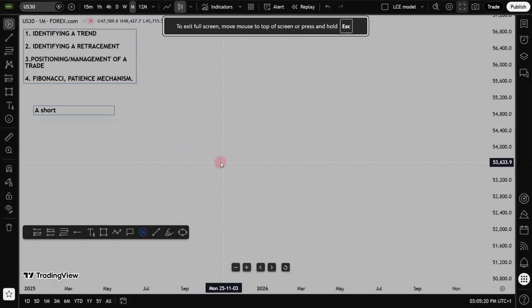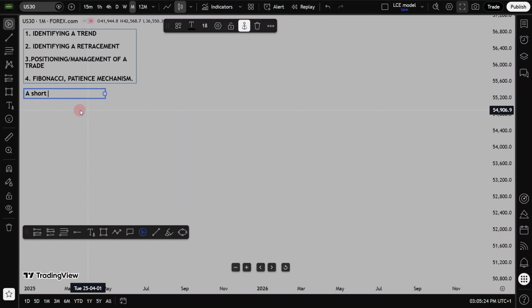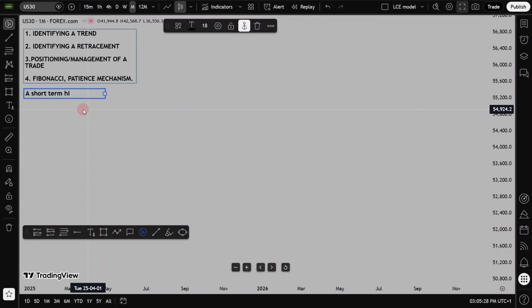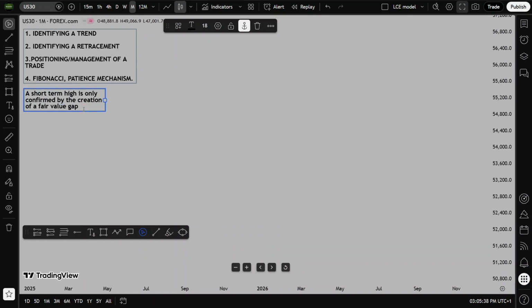All right, good. A short-term high is only confirmed by the creation of a fair value gap within it.